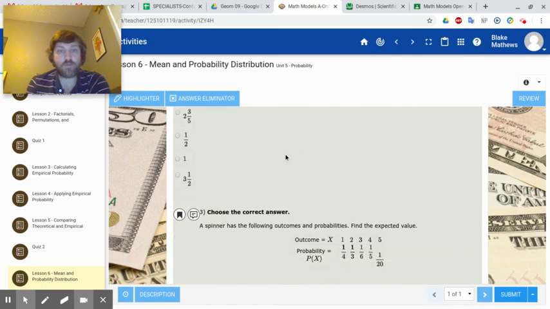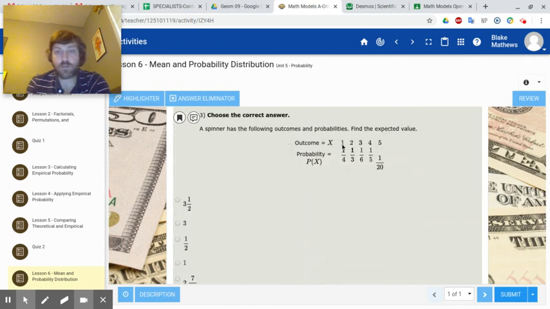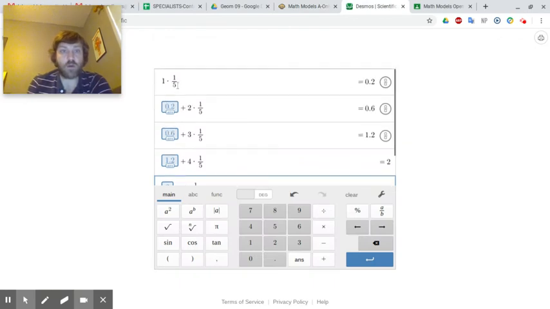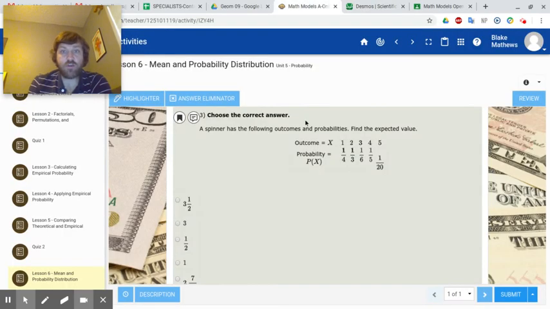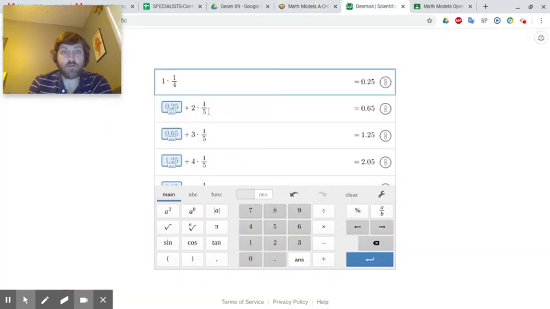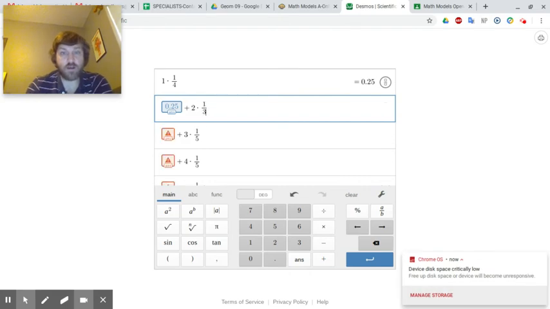Now let's see what happens when I change that here. The probabilities are different. Now 1 has a probability of 1/4, 0.25, and 2 has a probability of 1/3. I'm going to go in and just change it right here.